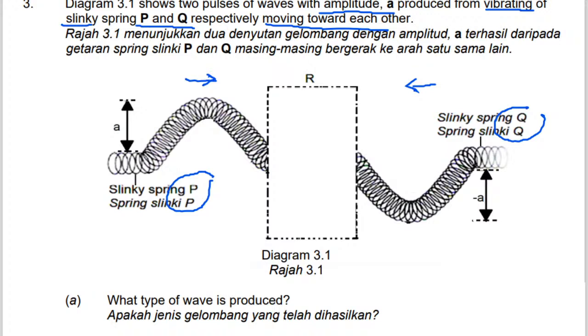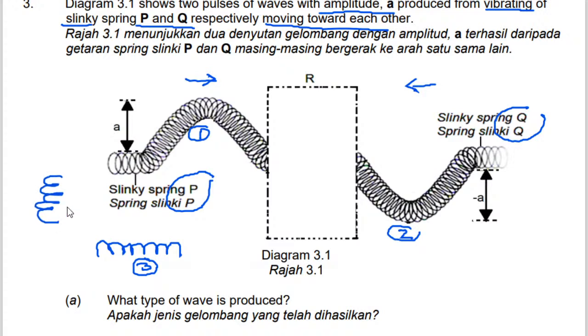How is the resultant of the pulses? Okay, I give you choices. Is it just like this? I put here as number 1. Or number 2, same as this one. Or like this, this is number 3. Or like this, number 4. What is the answer?